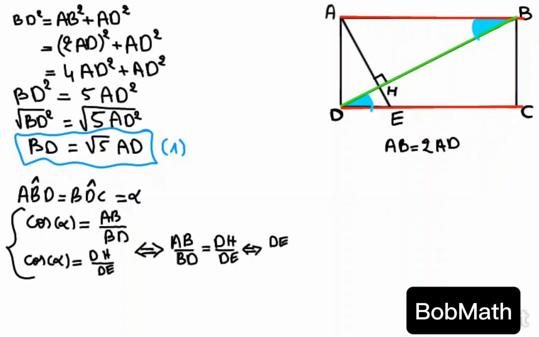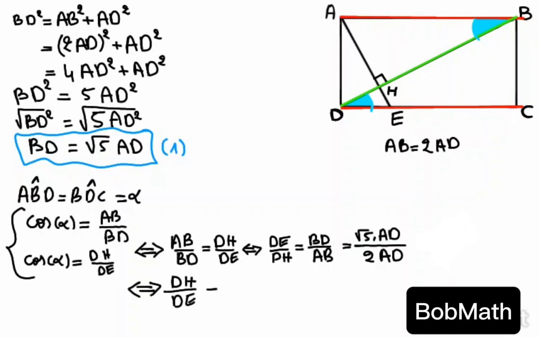Therefore, DE divided by DH equals BD divided by EB, and from 1 we conclude that it equals square root of 5 times AD divided by 2AD, and therefore DH divided by DE equals square root of 5 divided by 2.